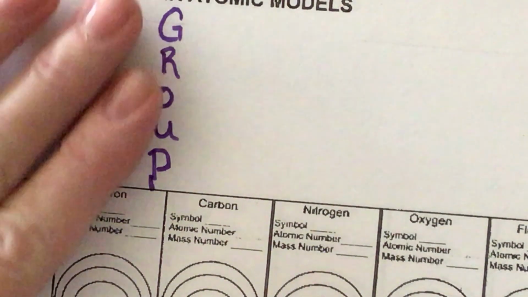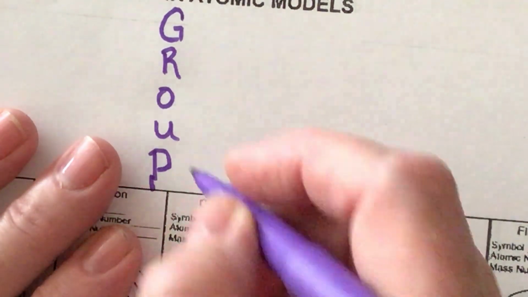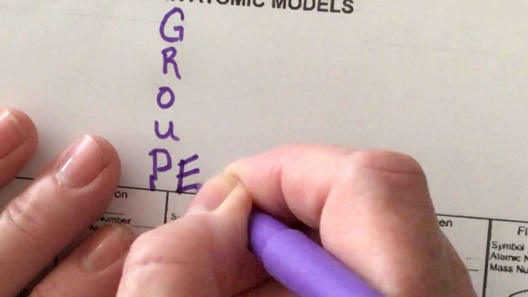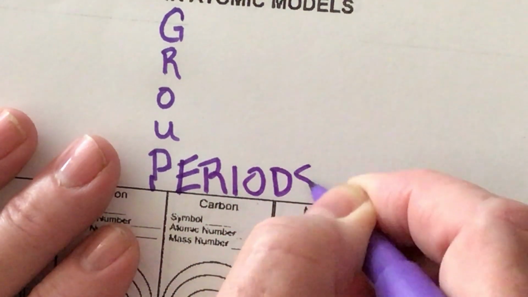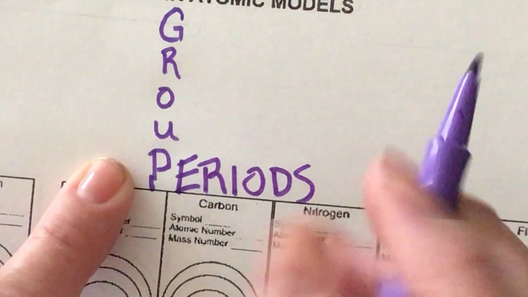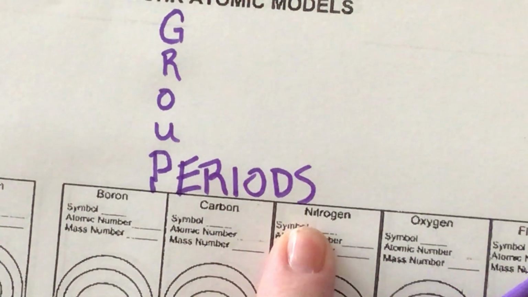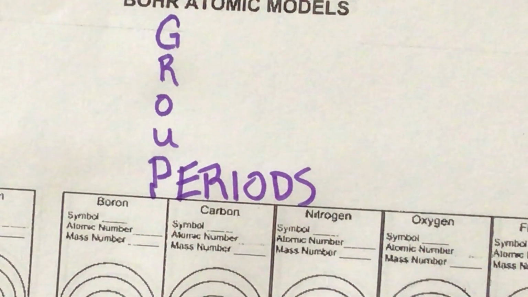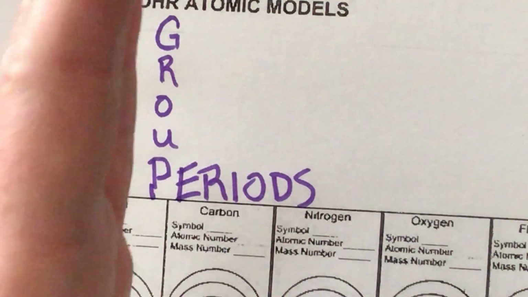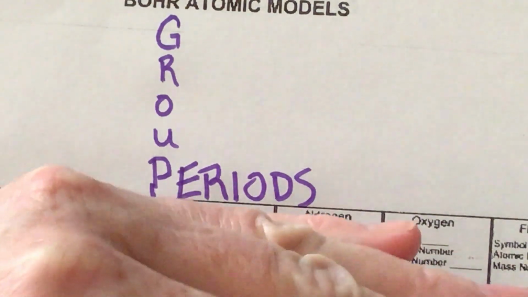We're going to talk about groups on the periodic table, and then the periodic table is arranged by periods. So up and down, you're going to write the word group, and side to side, you will write the word periods. Groups on the periodic table will go up and down. Periods are going to go side to side.